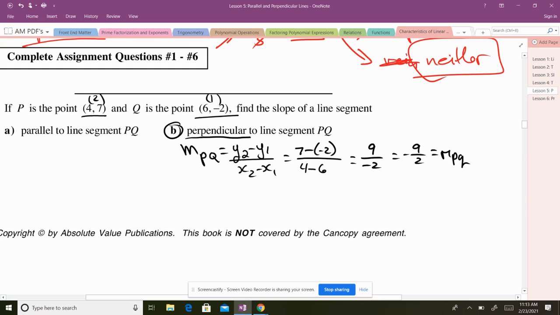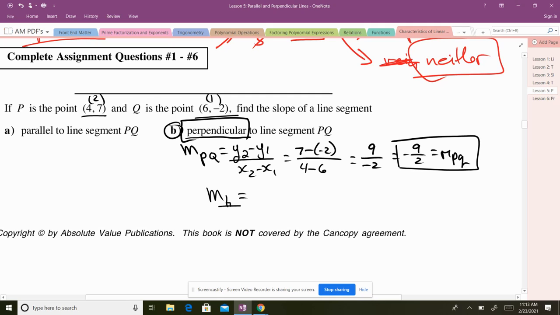If I want to know the slope of a line segment that is perpendicular to it, so I will write a perpendicular line segment with an M, and I'll do a little right angle triangle. That means slope that is perpendicular. So how do I get the perpendicular slope of -9 over 2?